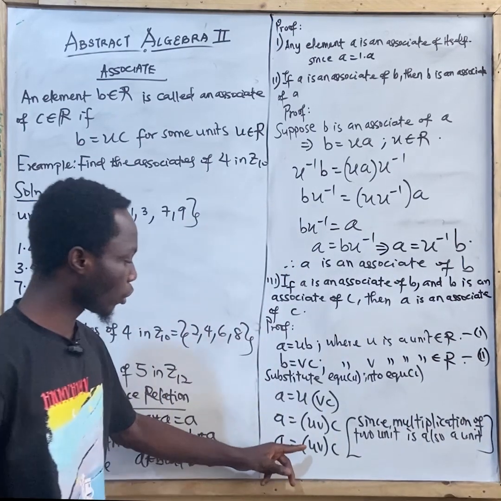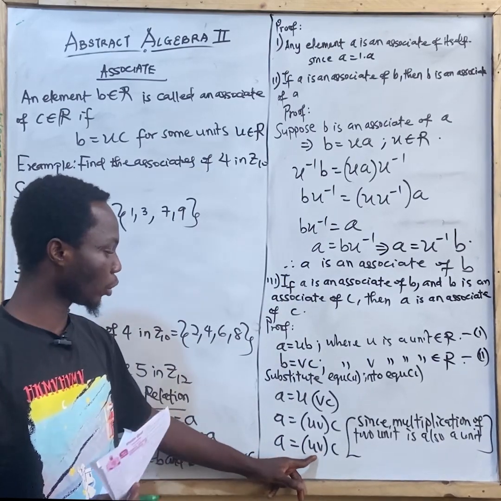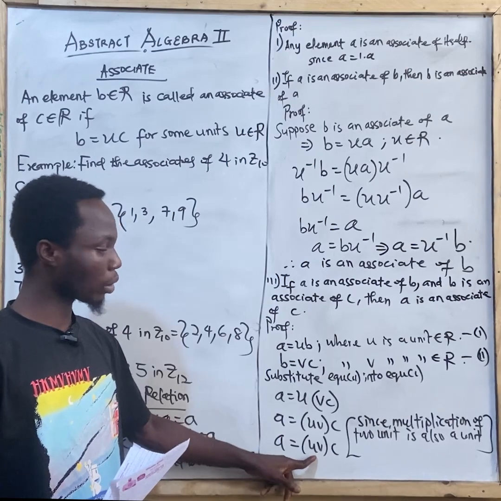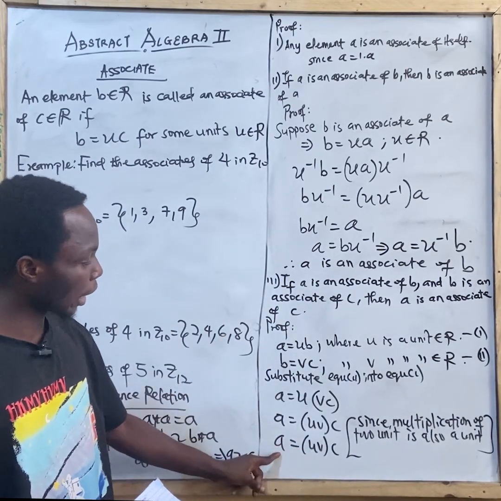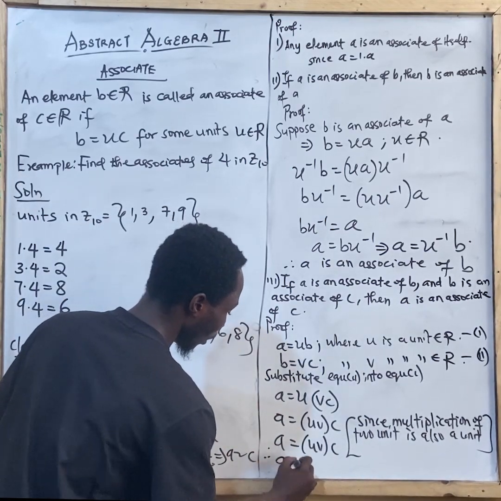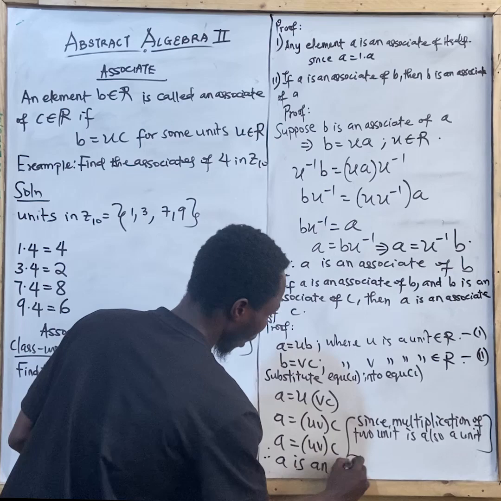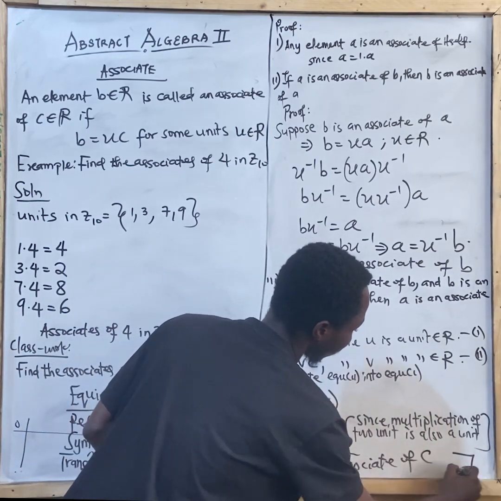Let's assume that U and V are defined numbers that we know. If I multiply them, they give me a particular unit times C. So I've been able to prove that A is an associate of C. End of proof.